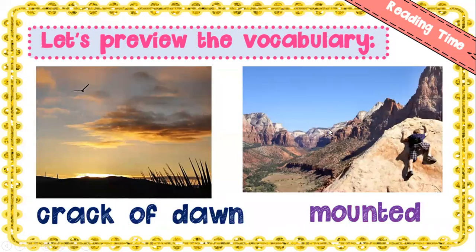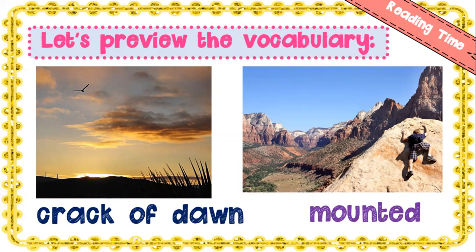At the crack of dawn. The crack of dawn would be that time in the morning as the sun is rising. So it's really early in the morning. Mounted. If you mounted, you climbed up onto something above the level of ground.